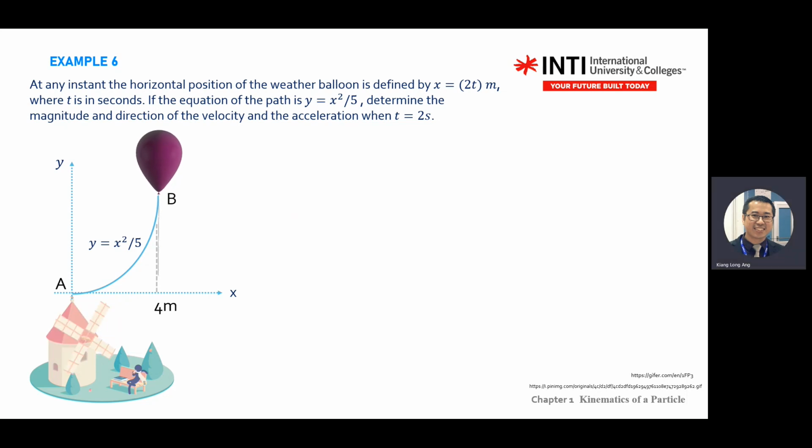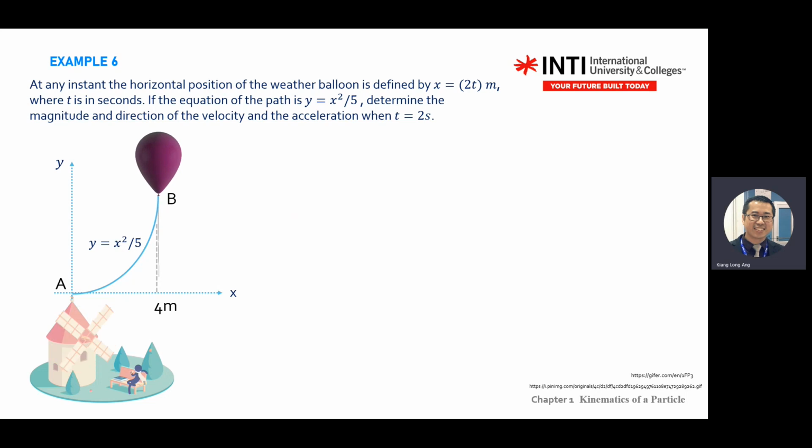So if you have a balloon that is mounted on the top of the building, and this cable here is an extendable cable, and the height of the balloon is given by a quadratic equation, y equal to x squared divided by 5.